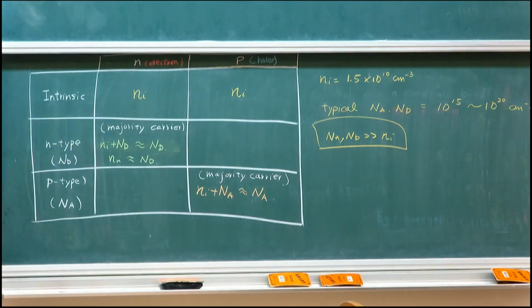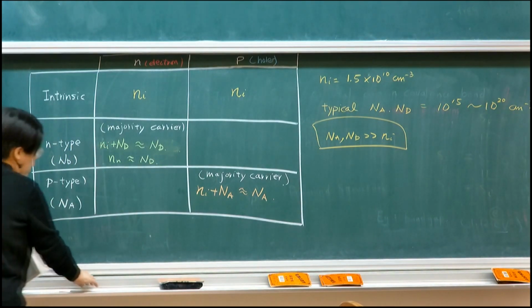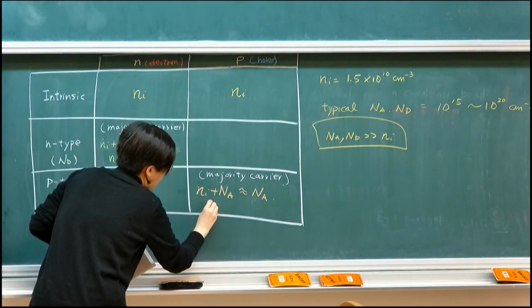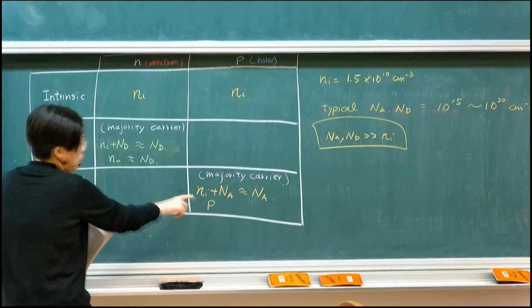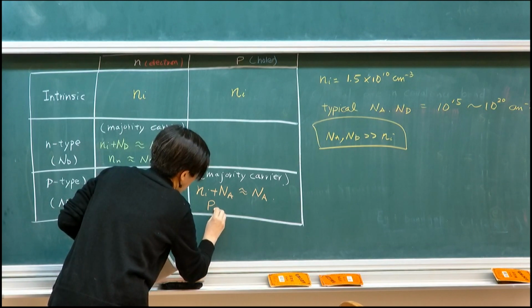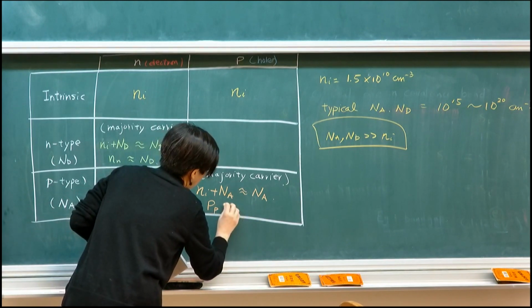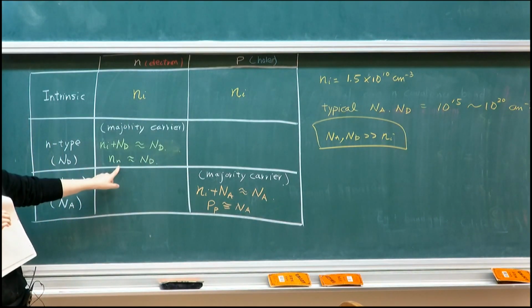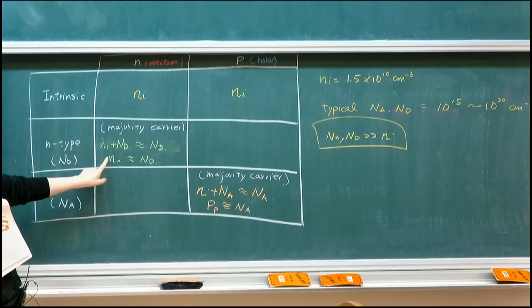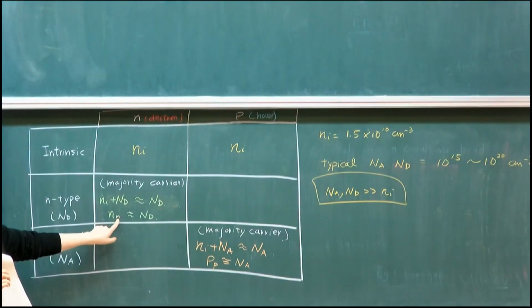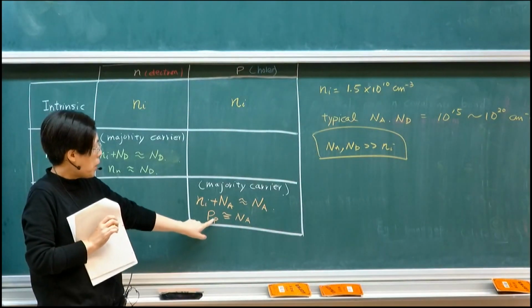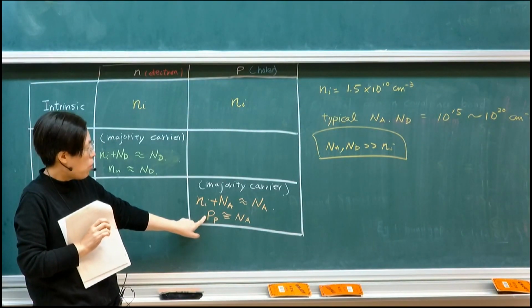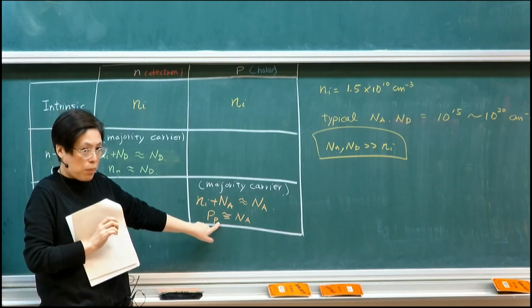Another way to put this is like this. So this will then be P. This refers to the hole density P, which will be approximately Na. So N is majority because it stands for electrons in N-type semiconductor. P stands for holes in P-type semiconductor.